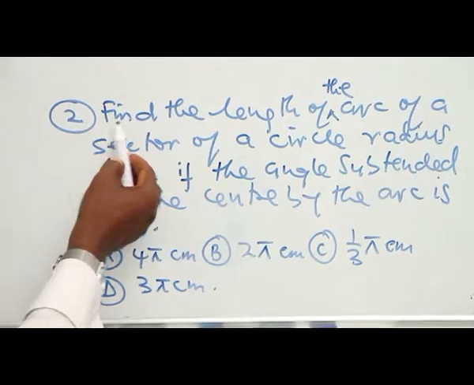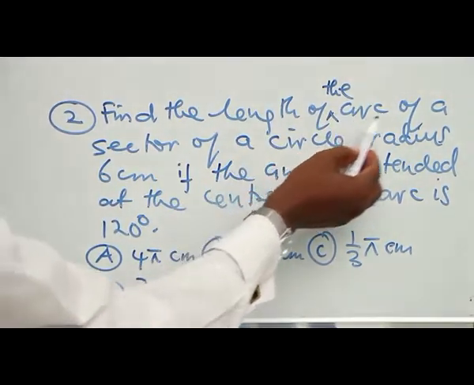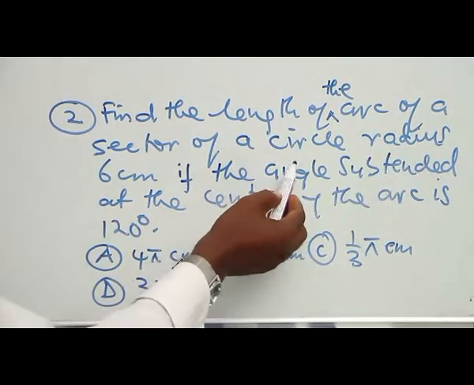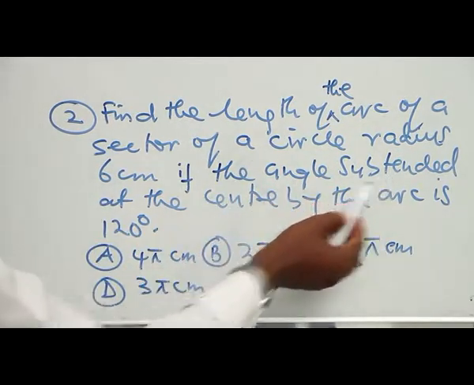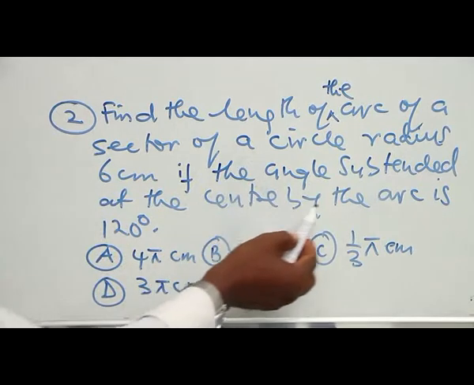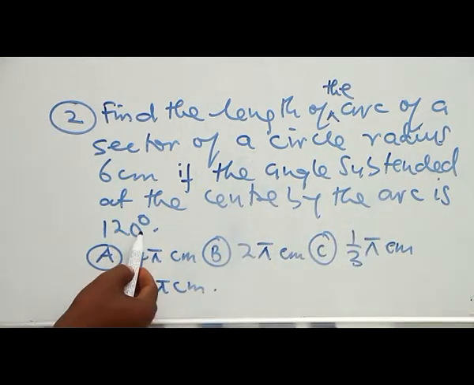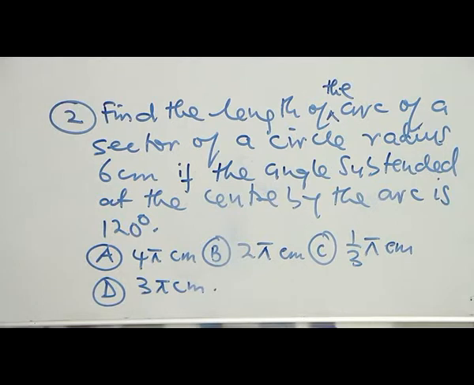Number 2, find the length of the arc of a sector of a circle, radius 6 centimeters, if the angle subtended at the center by the arc is 120 degrees. Option A, 4π centimeters. Option B, 2π centimeters. C, π/3 centimeters. D, 3π centimeters.